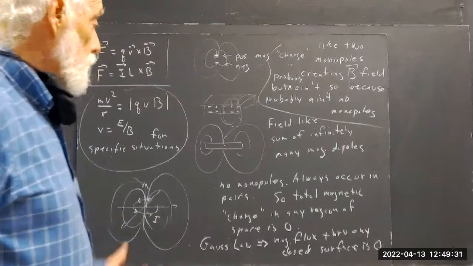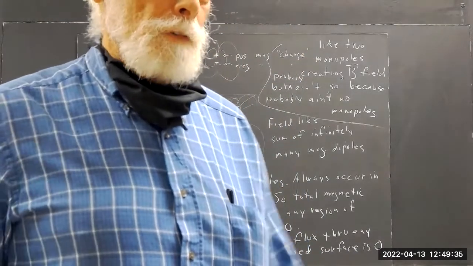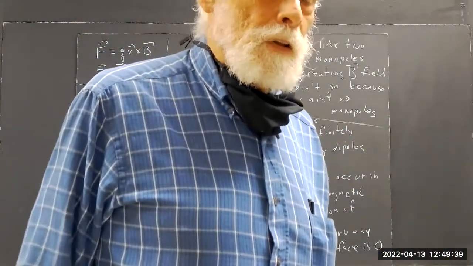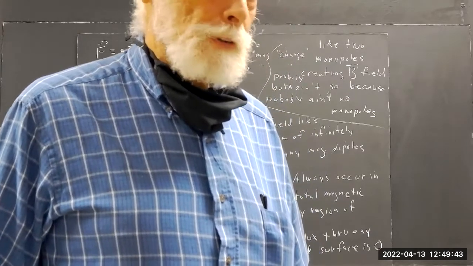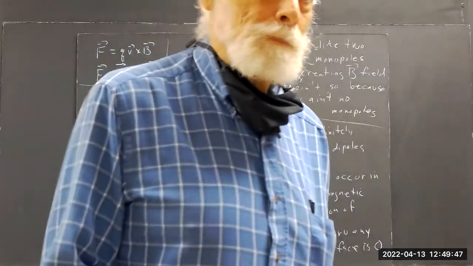So magnetic flux through any closed surface is zero, because by Gauss's law, the flux of whatever charge you have through the surface is total flux is always equal to the amount of charge you contain within that surface.